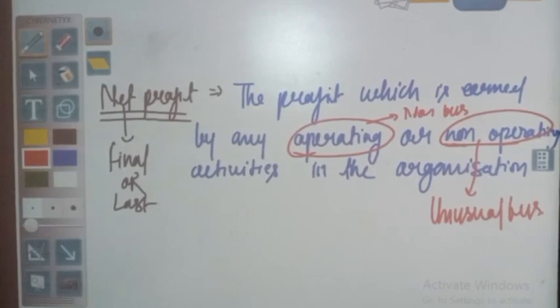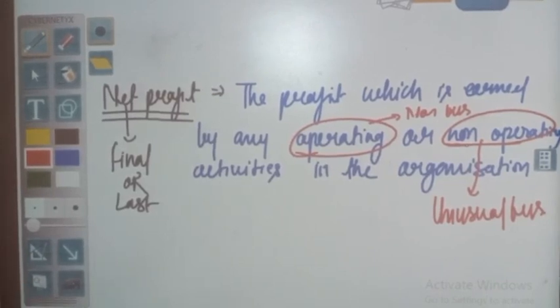And similarly, when we talk about some indirect income or non-operating income, it will also be considered while calculating the net profit. Examples of such non-operating incomes are interest, rent, dividend, gain on profit, etc.